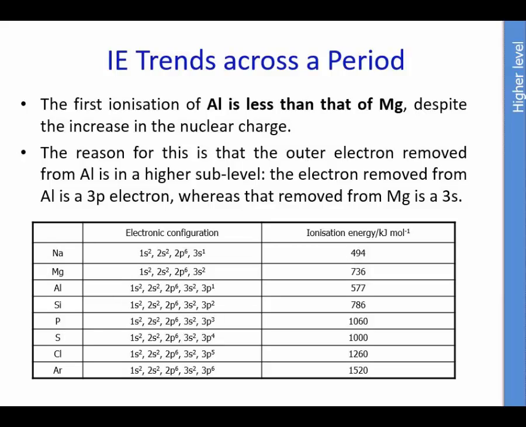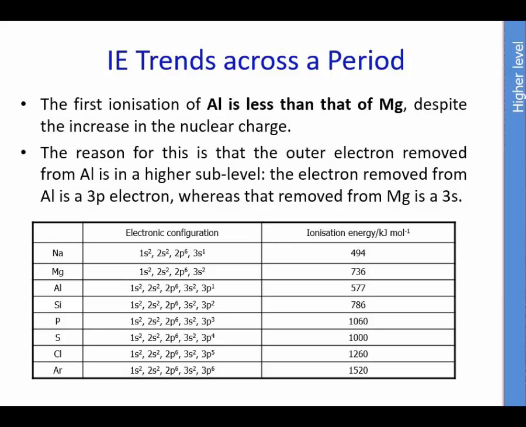as you go across, you can see aluminium here. Aluminium actually jumps to a different sub-level. There's also another conflicting part from phosphorus to sulfur there, where there's a slight decrease.